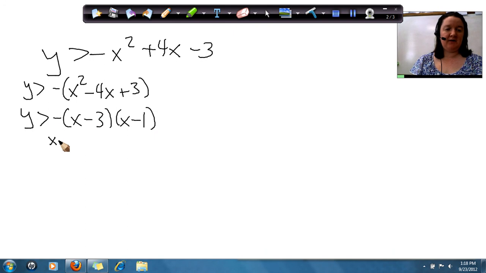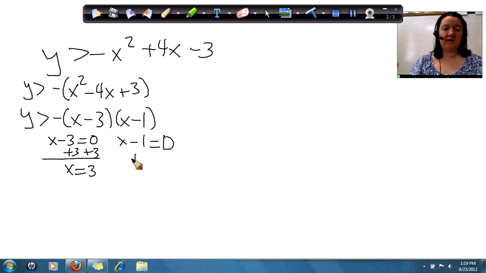So we know that we're going to have two roots, at x equals 3, and then we have another root at, I was wrong, I'm going to add 1 to both sides.